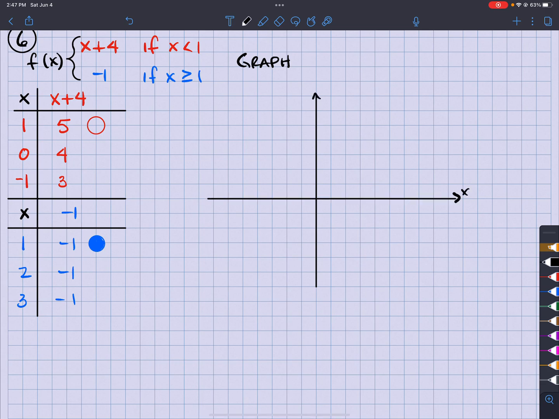There's my x, there's my y, and let's go ahead and graph the red right here. It's at 1, 5. So 1, 5 will be 1, 1, 2, 3, 4, 5, which is right there. But it's going to be an open circle. I'll make it nice and big for you guys. And it doesn't want to snap into place, so we'll just leave it right there.